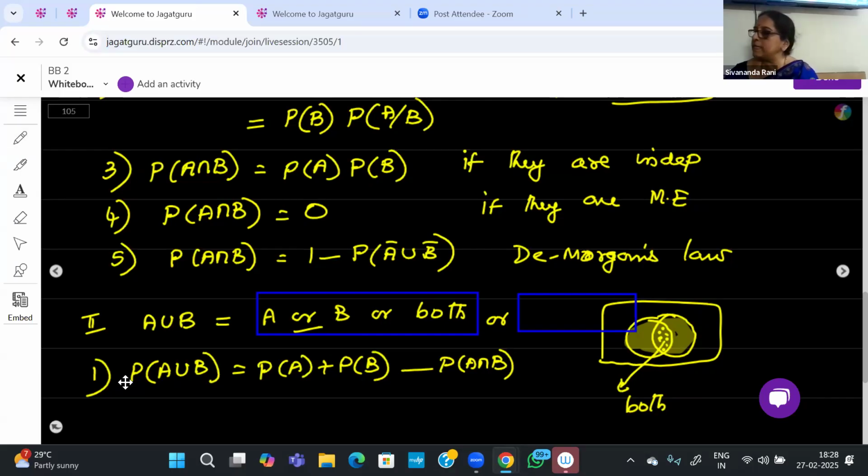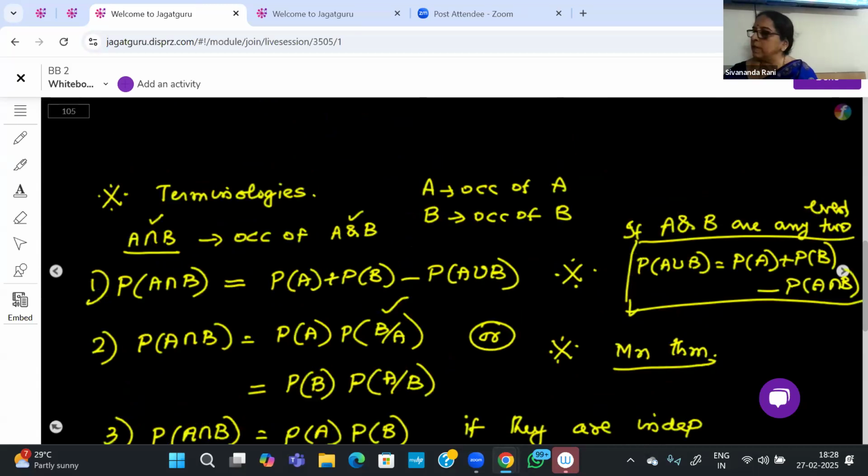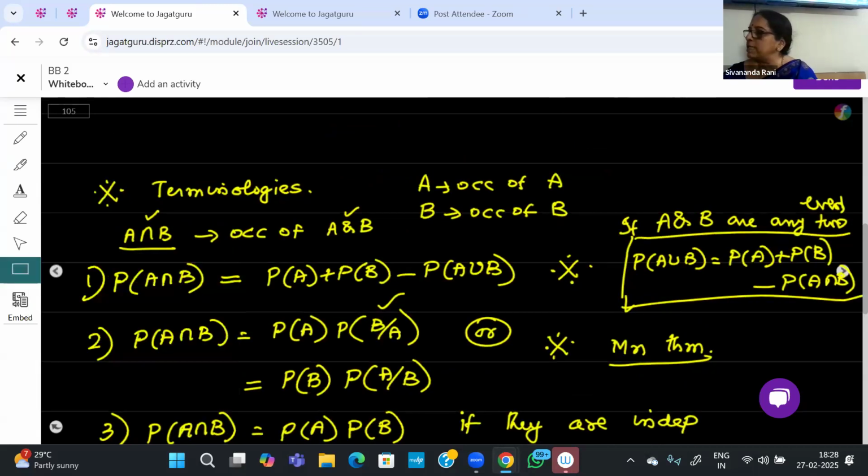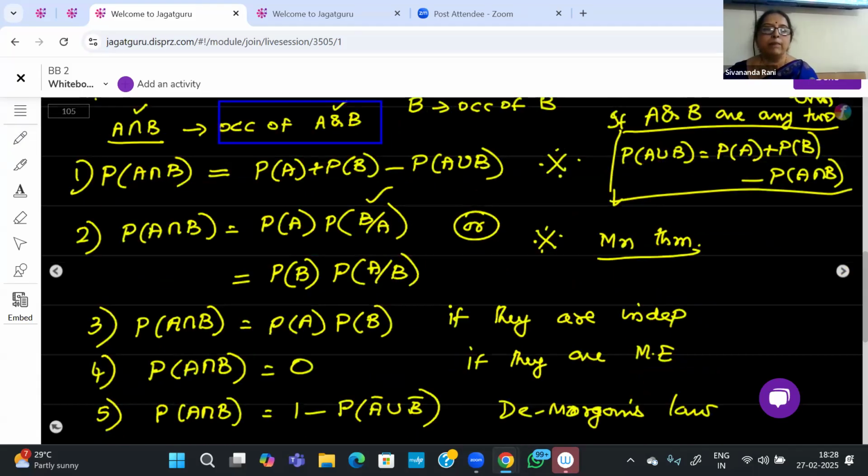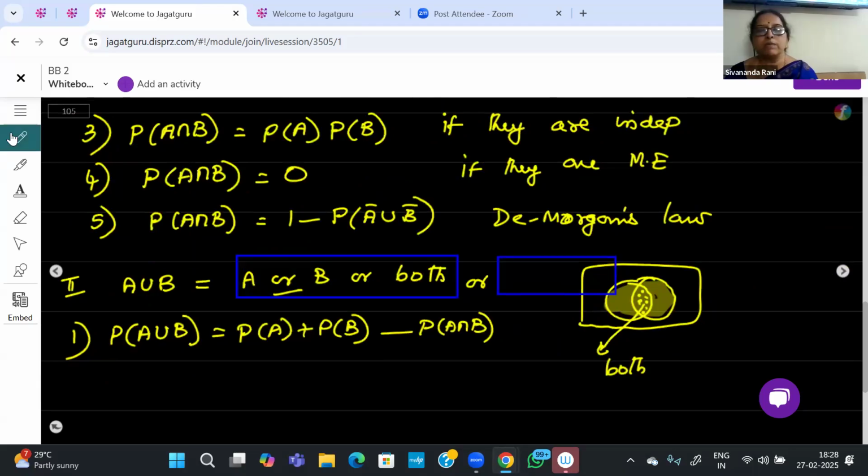Just like intersection means the simultaneous occurrence of A and B, union means A or B, right? But there is one more that is possible. It's very popularly used in problems also.